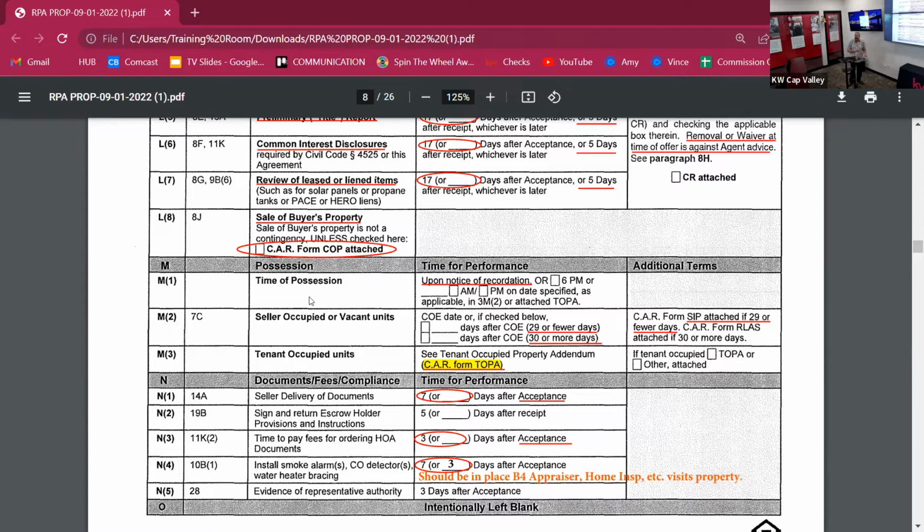You don't want to remove keys from the lockbox before closing, that would be a violation of MLS rules. But once it closes, you take the keys out, give them to the client, welcome them to the home, and we have a client for life.